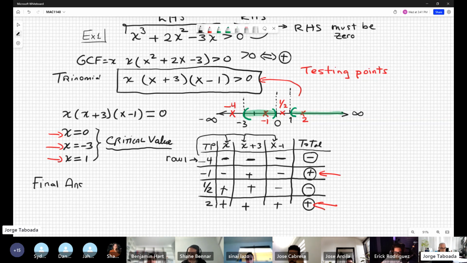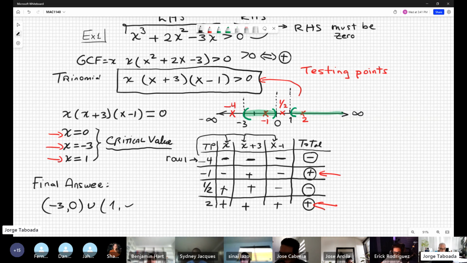The final answer is, well, parentheses -3, 0 union 1, infinity, because the solution has 2 pieces separately. Therefore, you need to express both, no?